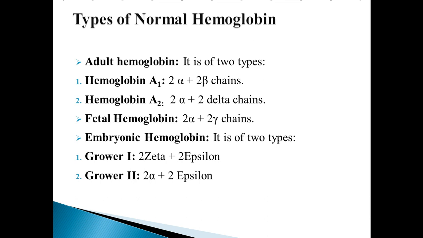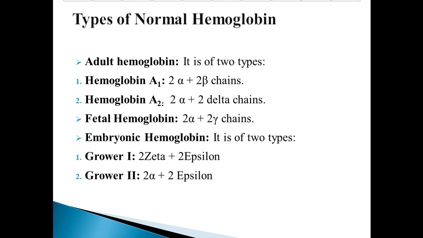Types of normal hemoglobin. Adult hemoglobin is of two types: hemoglobin A1 and hemoglobin A2. Hemoglobin A1 has 2 alpha and 2 beta chains, while hemoglobin A2 has 2 alpha and 2 delta chains. Fetal hemoglobin is also normal. It has 2 alpha and 2 gamma chains, and embryonic hemoglobin as well.